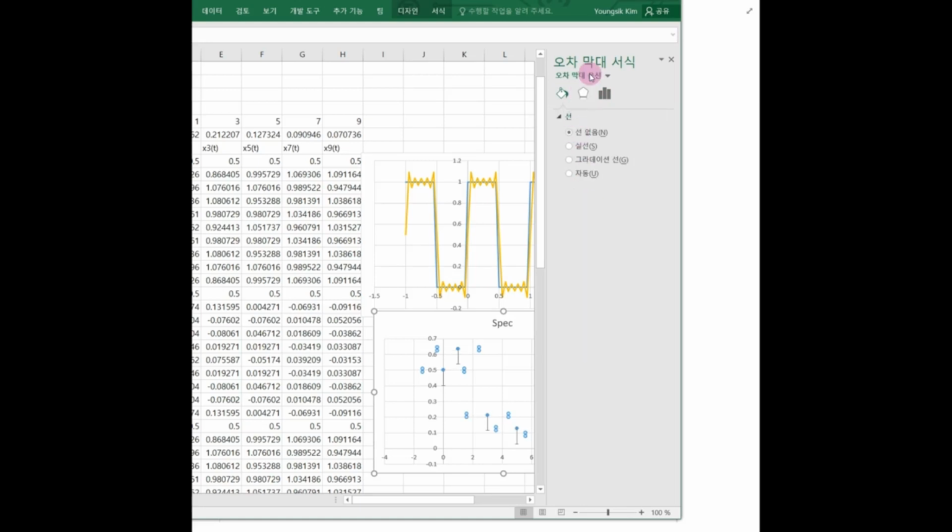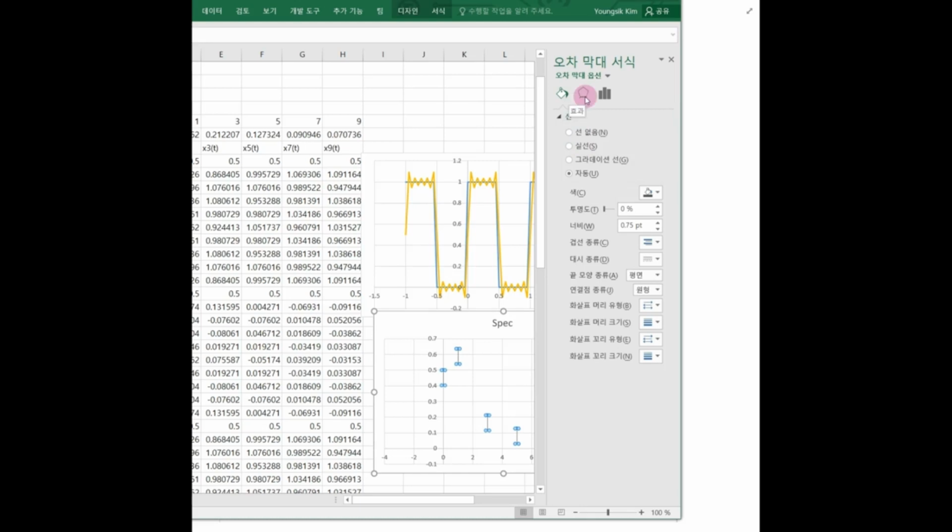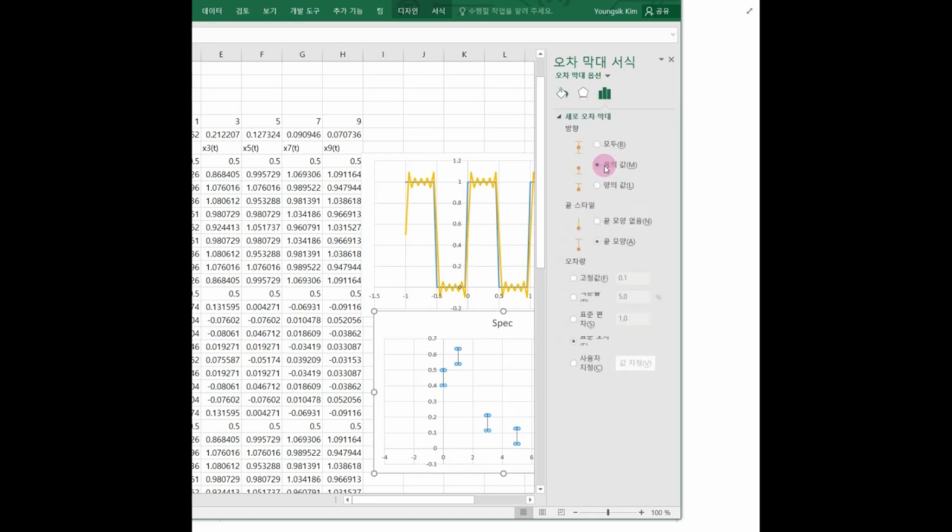Now I would like to plot the spectrum graph. To do that, I can use this one, and it's 100%.